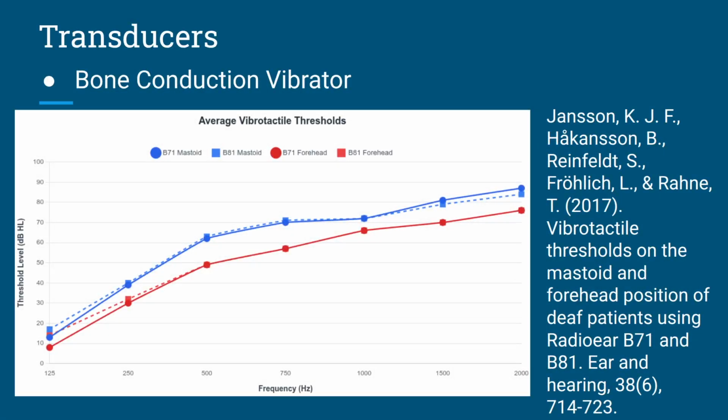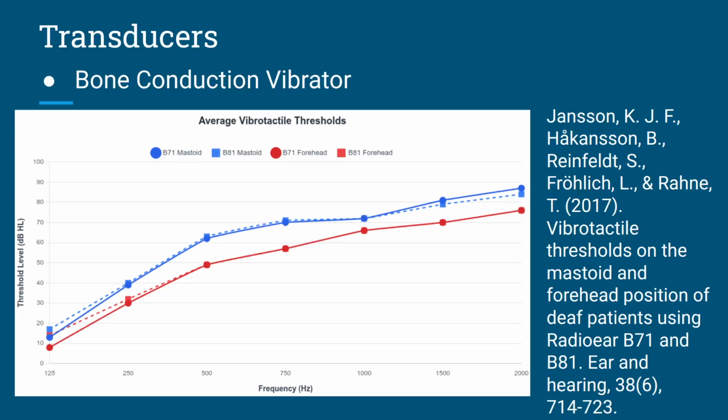Here's a graph I made out of the paper from Jansen et al. It's a mean of 16 deaf cochlear implant patients. So totally deaf, they're not wearing their cochlear implant. What they wanted to find out was the vibrotactile thresholds for the B71 and the B81 bone conduction transducers, the older and the newer type.